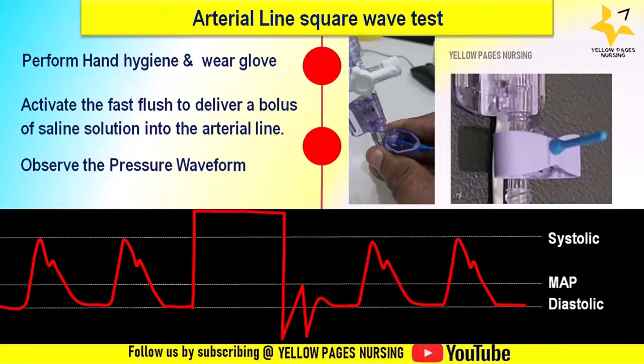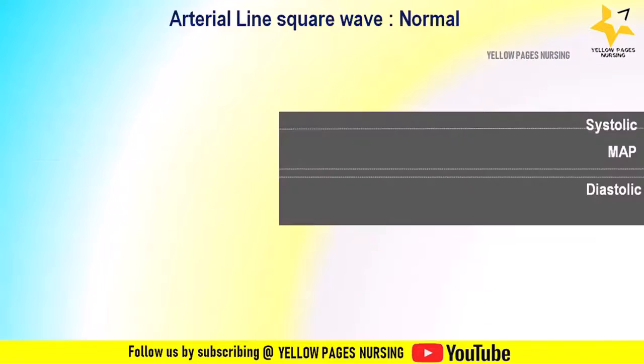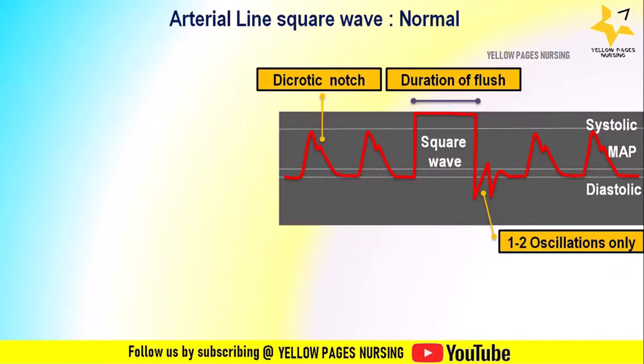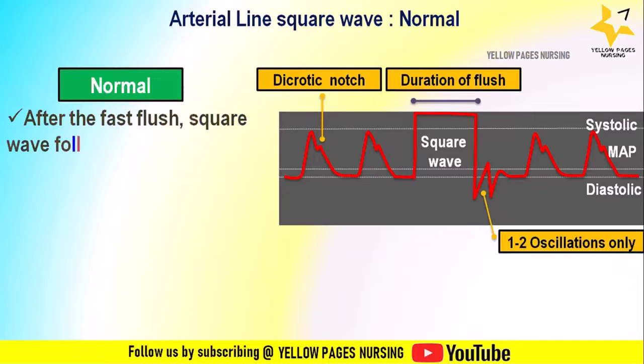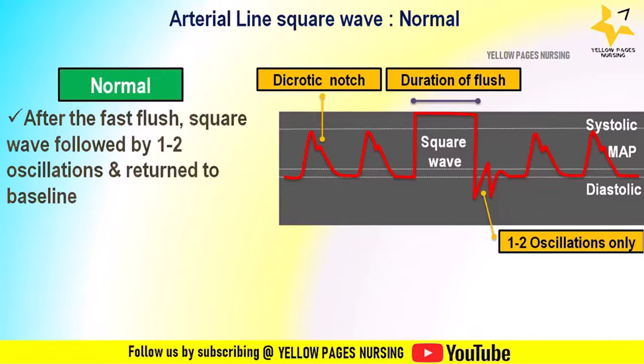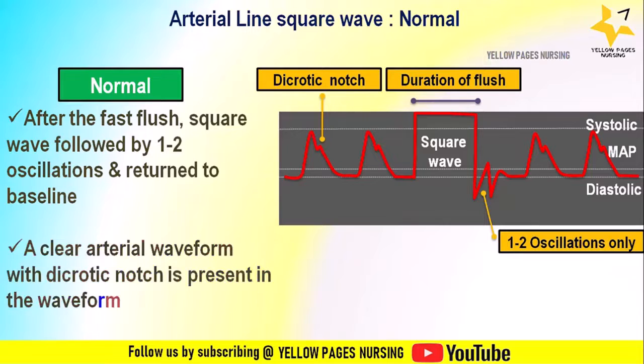Now, what is a normal arterial line square wave? When we take a look at this waveform after a square wave test, how does it appear? The square wave is followed by 1 to 2 oscillations and returns to baseline. Oscillations in the waveform refer to the presence of small fluctuations or variation in the pressure waveform following the administration of the square wave flush.